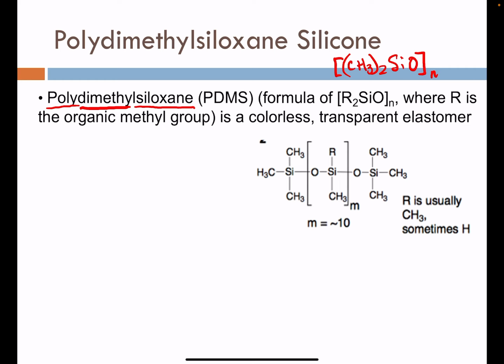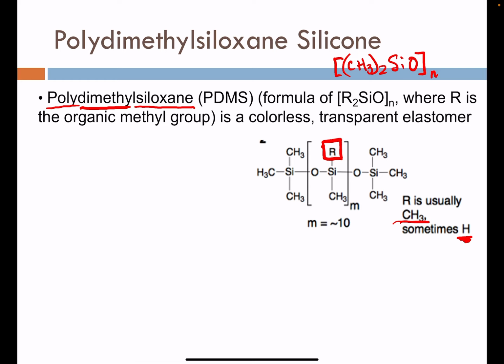So here's an expanded formula of polydimethylsiloxane, where R here would of course be equivalent to CH3 for the PDMS. Or later, as we'll see in the lab, we'll have an option where that R group can be substituted with a hydrogen to make polyhydrosiloxanes.